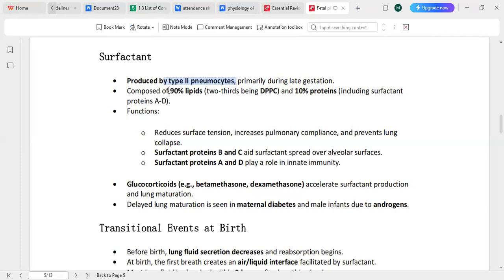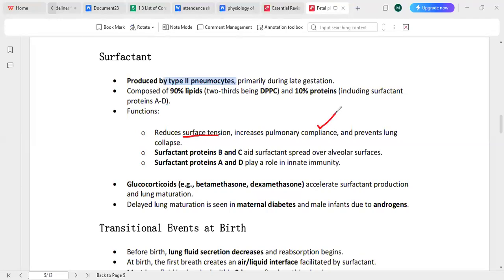Now, what is surfactant? It is 90% lipids. From this 90%, two-thirds is DPPC, and 10% is proteins, including surfactant proteins A to D. What are the functions? The name suggests it reduces surface tension. It lubricates the airway and increases pulmonary compliance.